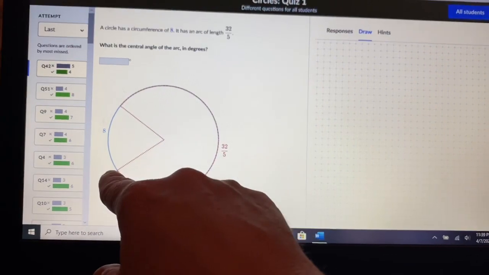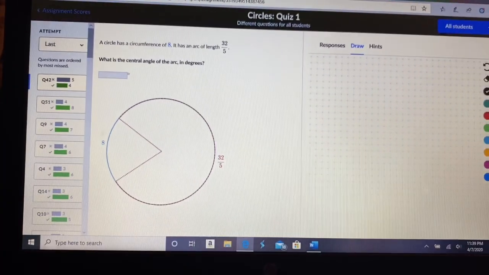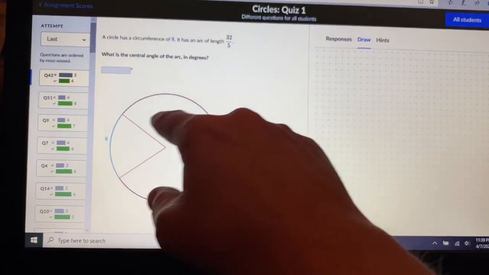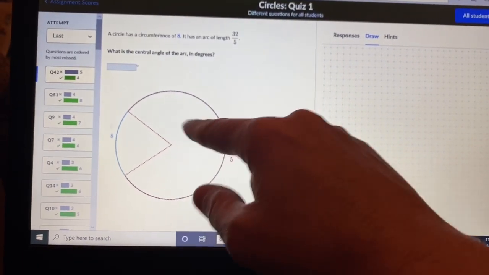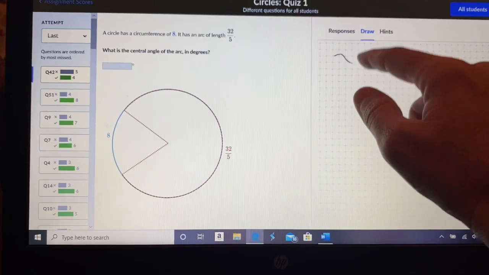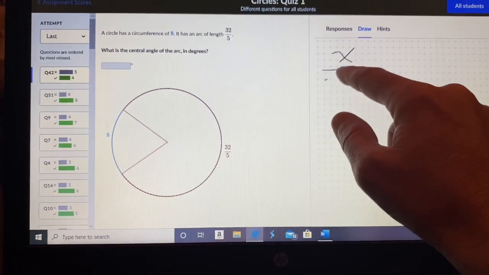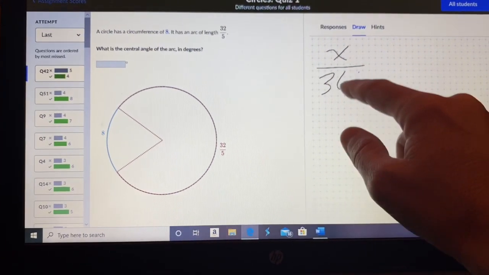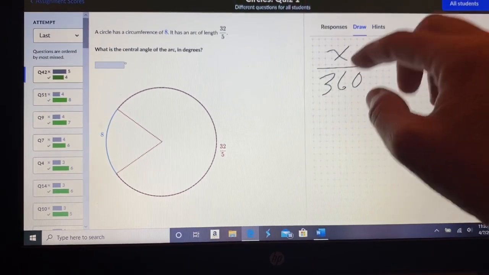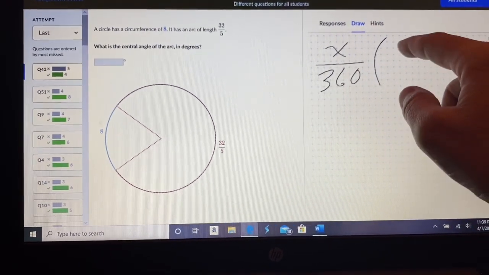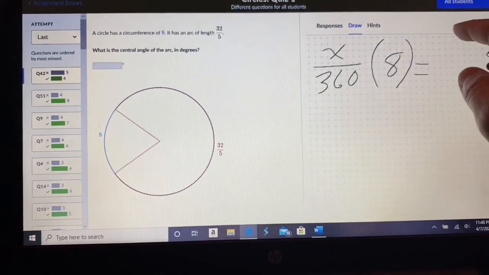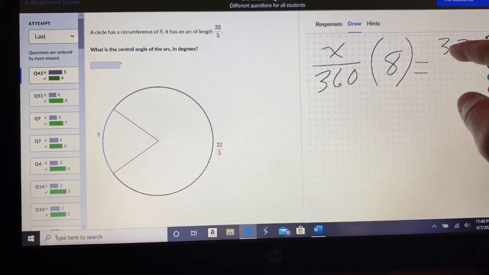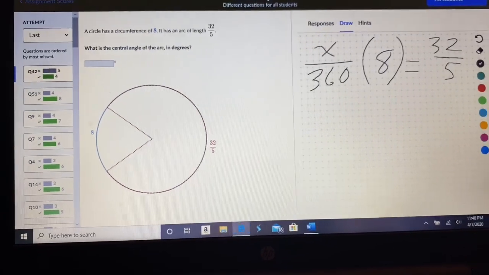It has an arc length of 32 over 5. So what is the angle? Well, we're going to call this angle x degrees. I can't write on this picture. But x over the 360 degrees total. So x over 360 times the circumference of 8 equals that arc length of 32 over 5.